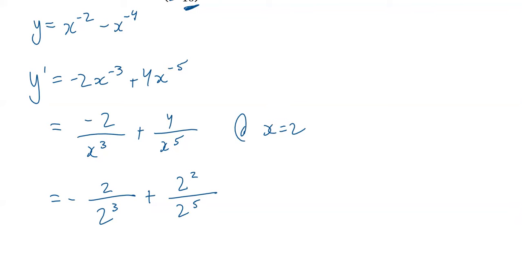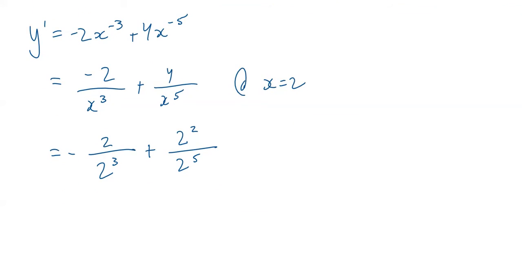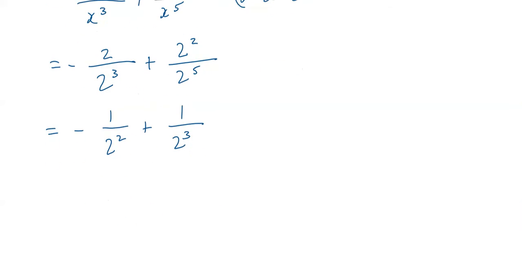So I can simplify. So that's negative 1 over 4 and 1 over 8. Negative 2 over 8 plus 1 over 8, which is 1 over 8.